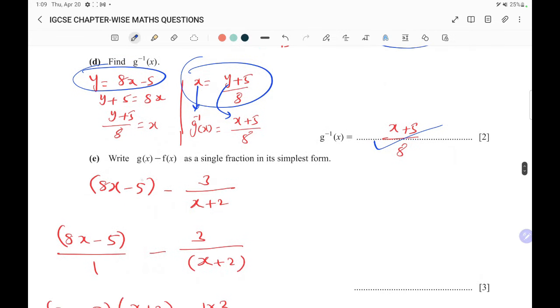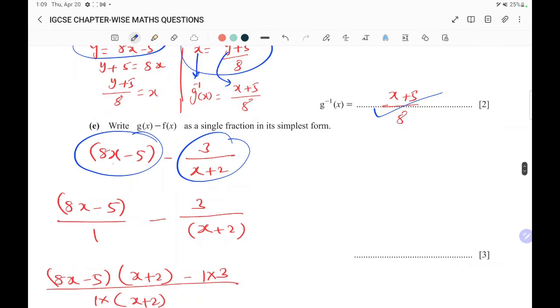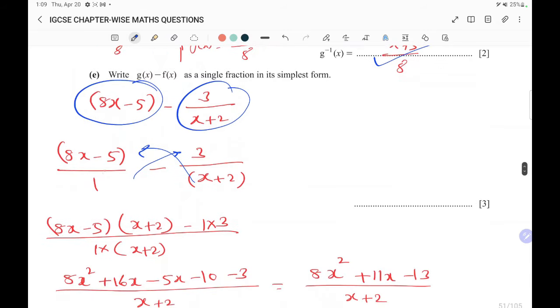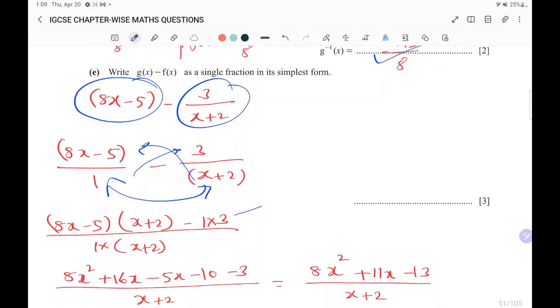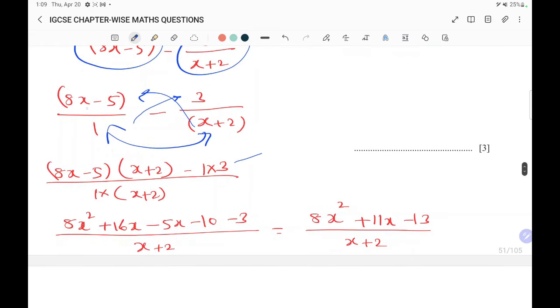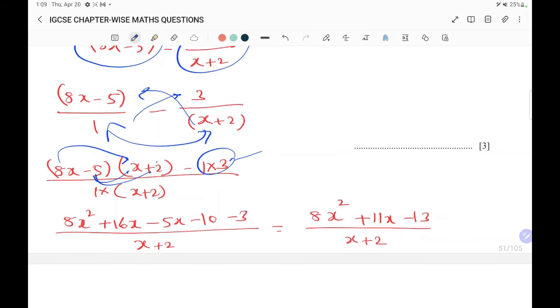Now gx minus fx. So gx is 8x minus 5 and fx was 3 over x plus 2. Write 8x minus 5 over 1. Now cross multiplication: 8x minus 5 times x plus 2, 1 times 3, and the denominators also multiply. Now 8x minus 5 times x is 8x squared, then 8 times 2 is 16x, minus 5 times x is minus 5x, minus 5 times 2 is minus 10, minus 3 will be here, and x plus 2.